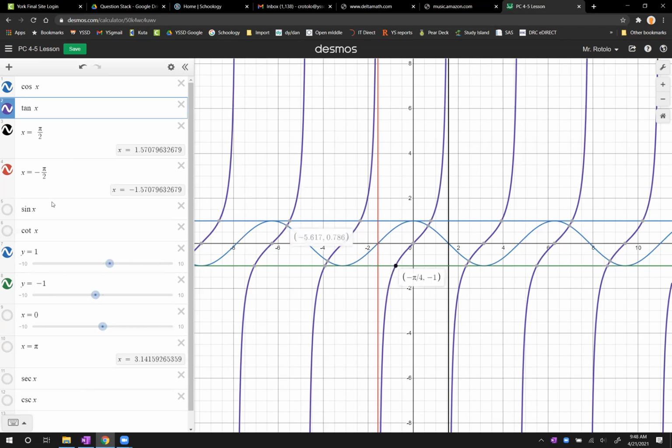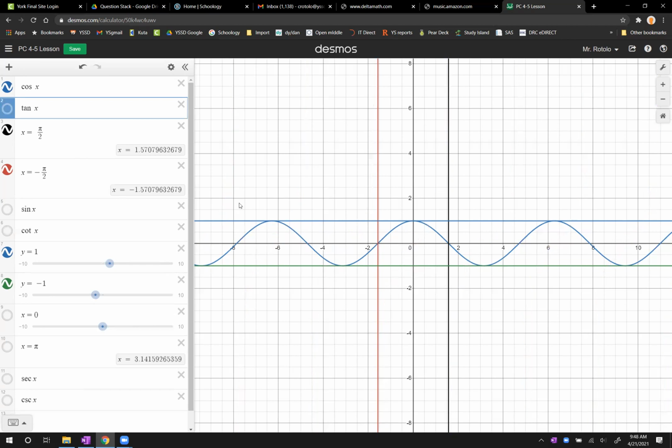Okay, so here's the process, because that was a lot. I tried to make this look nice and fancy. So normally we start with cosine. Notice I left the horizontal lines in there. I have zeros in here. I could put them in at every pi, because this would be a whole other period the whole way out to here. Then what I'm going to do is work within these vertical asymptotes, because that's where my zeros are.